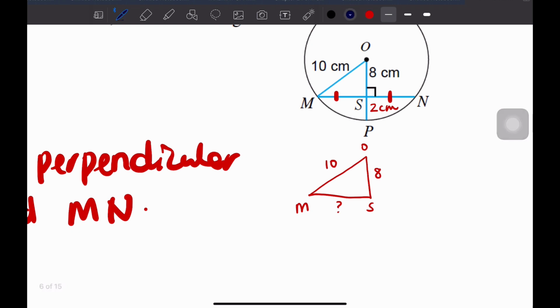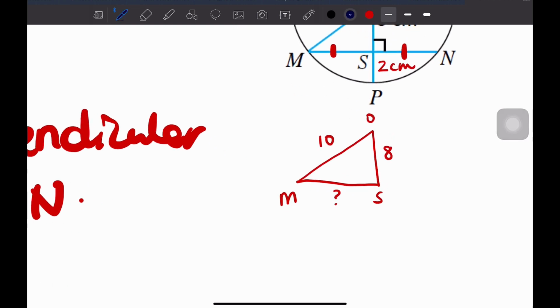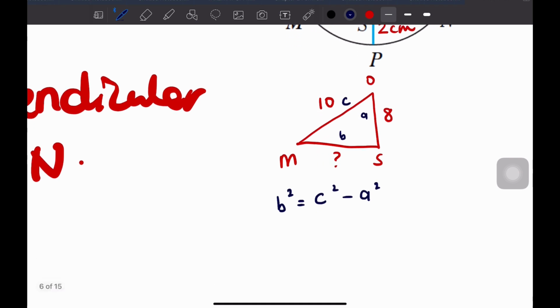To make your life easier, just label it as A, B, C. Now we want to find B. So B square is equal to the longest side C square minus A square. I hope you still remember what you learned in Form 1, Pythagoras Theorem. So B is equal to the square root of C square minus A square.